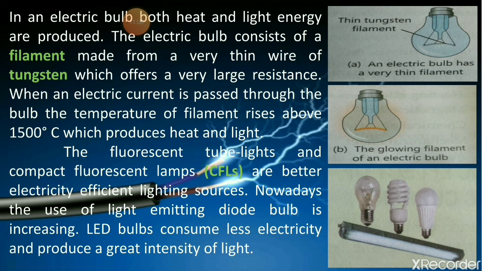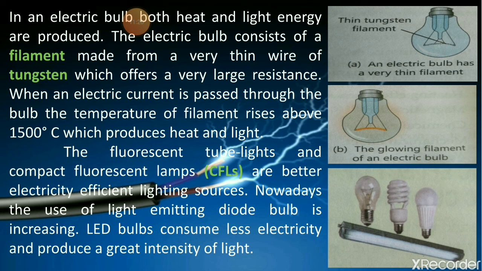Next thing, the CFLs and the fluorescent tube lights, we all know. The wastage of this type of heat energy can be reduced by using these fluorescent lights instead of bulbs.